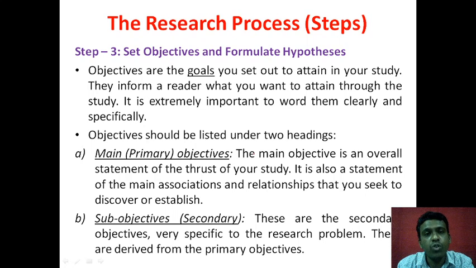What are objectives? Objectives are basically goals that you set out to attain in your studies. They inform the reader what you want to attain through the study. So what is basically that you are gonna reach to, or what is the thing that you are gonna do in your research. This is what will be informed to the readers.